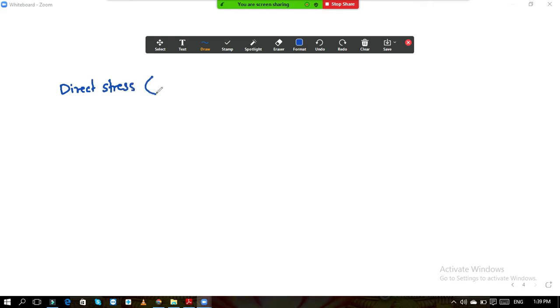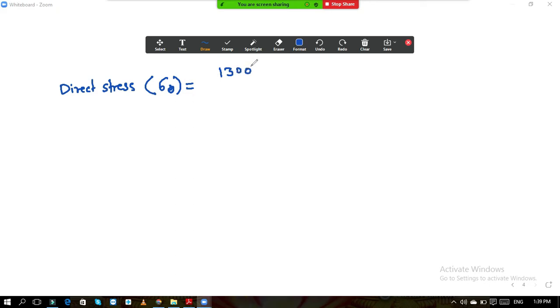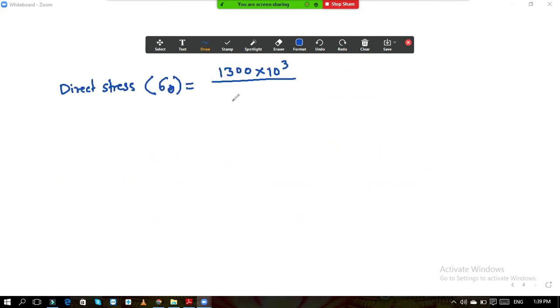Direct stress, I will call this sigma 0, is equal to P by A. P is 1300 into 10 to the power 3, divided by the area, which we have calculated as 24 into 10 to the power 4. So if you solve, you will get the value of this direct stress, which is 5.41 Newton per mm square or megapascal.